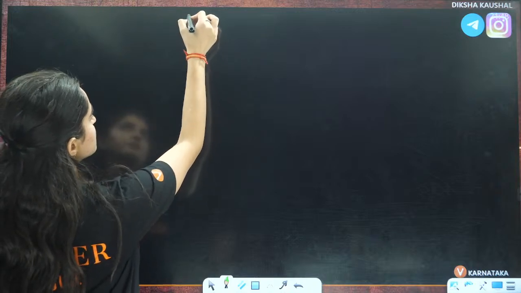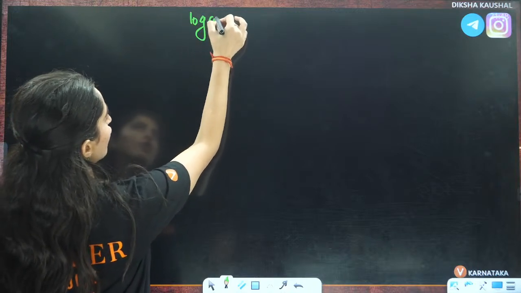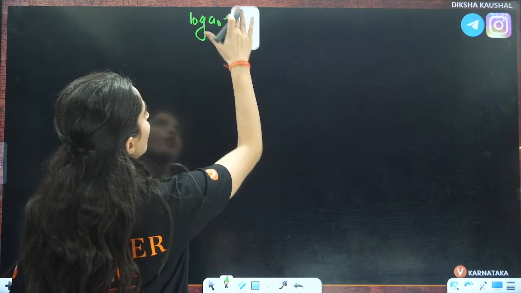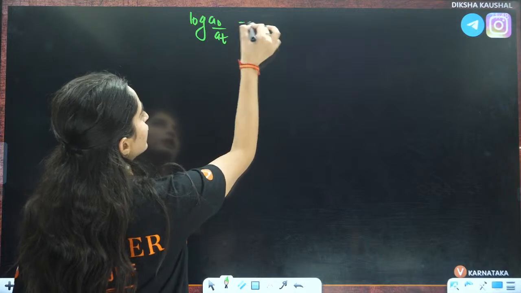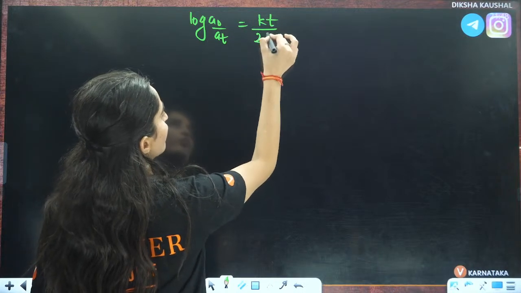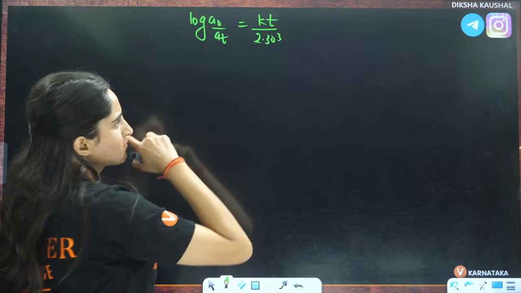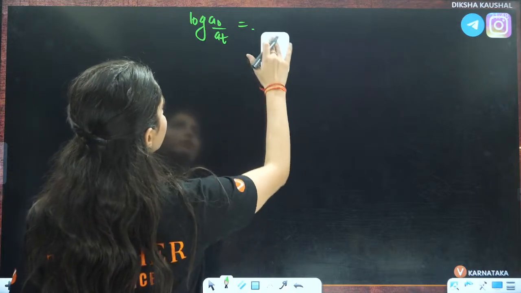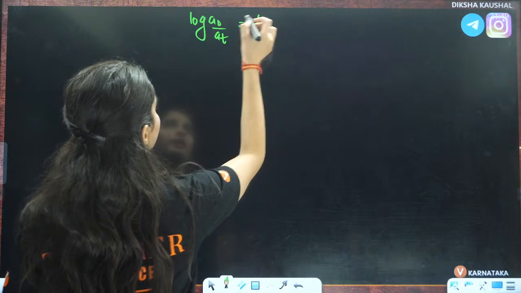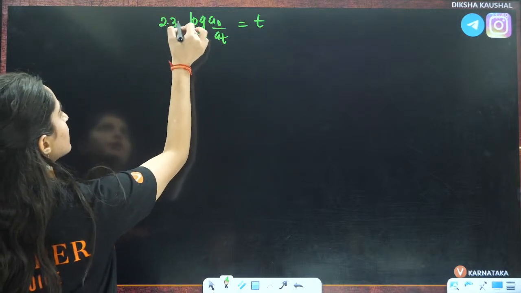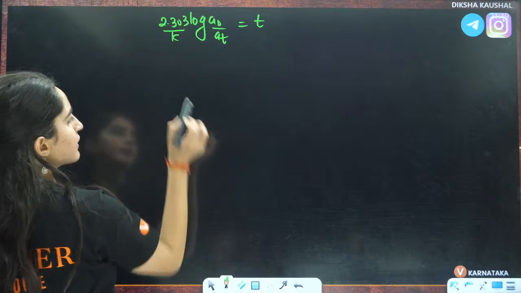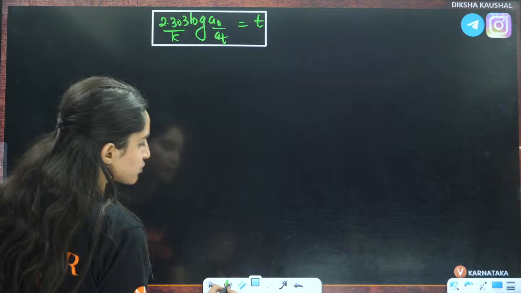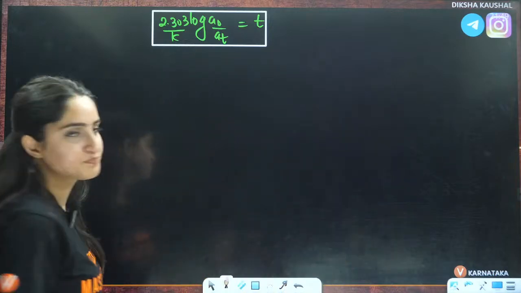The formula is log A naught minus log AT, or you can say log A naught by AT equals KT by 2.303. Or you can calculate T, which will be equal to 2.303 by K. This is your formula. Now you need to see how to apply it.